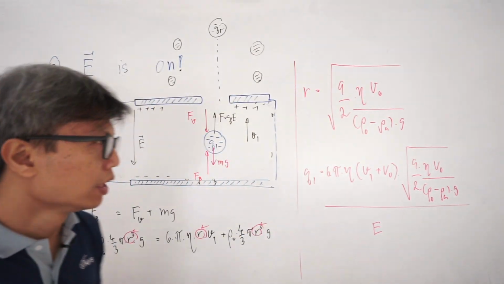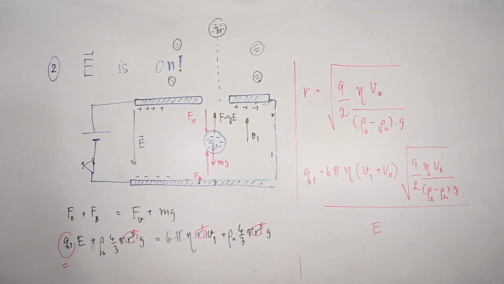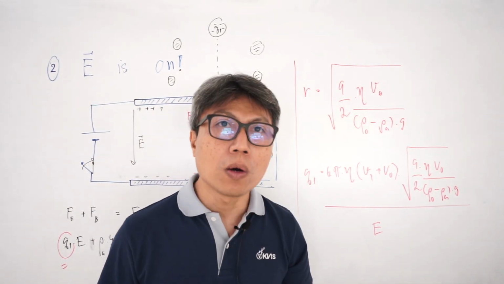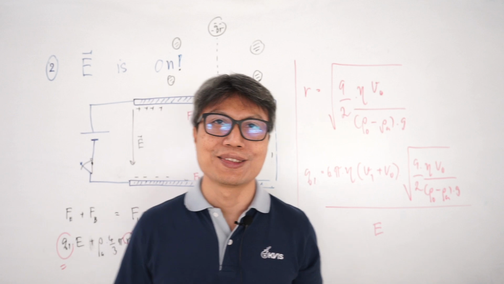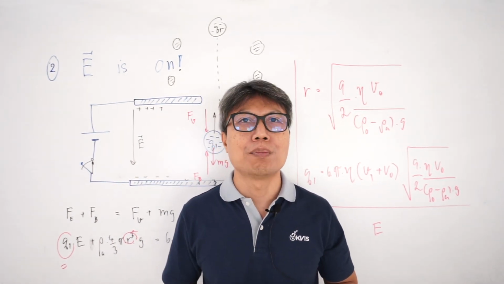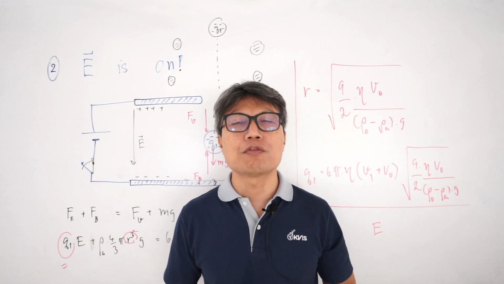And you see, from this first step, you should be able to calculate the charge of the oil drop from the atomizer. So let's go to the next step about changing the charge of the oil drop.